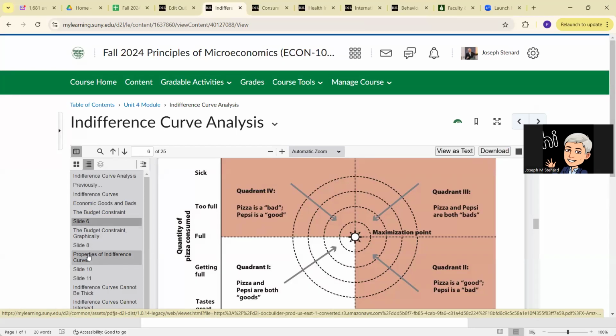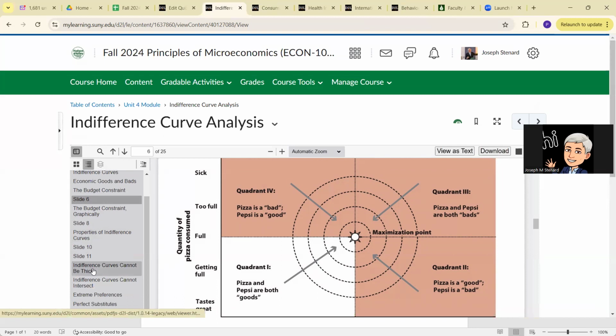For instance, someone might say, I am just as happy with these three things in these three quantities as I am with these four things over here with different quantities. And if you're just as happy with two different baskets of goods, then you're indifferent in the amount of joy that you get from it.